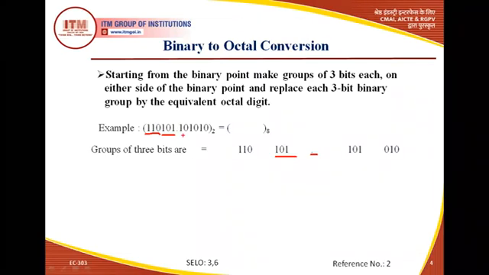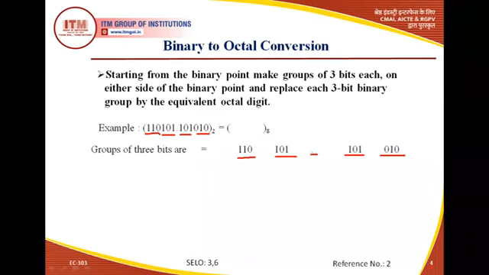In the fractional part, we make the groups from left to right: the first group is 101 and the second group is 010.